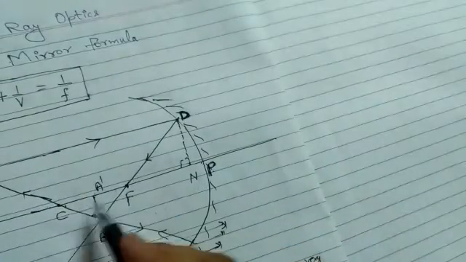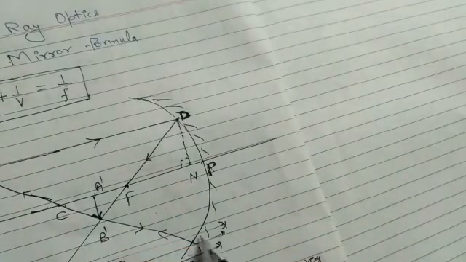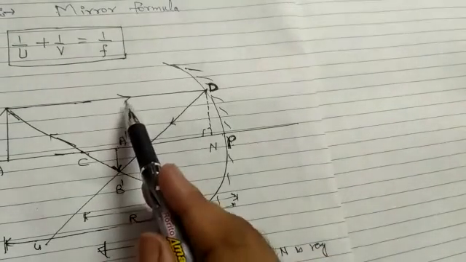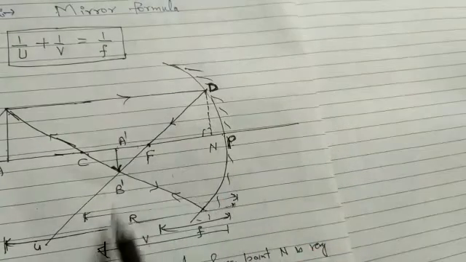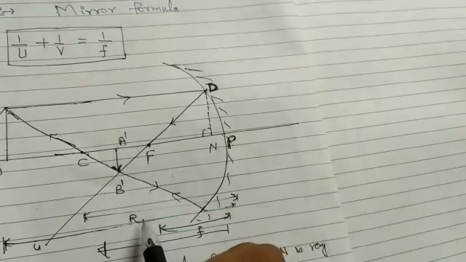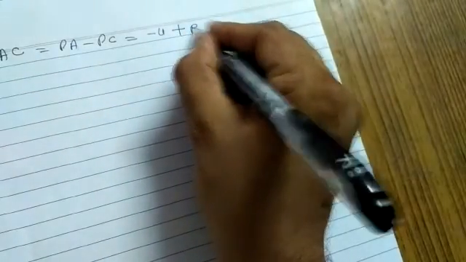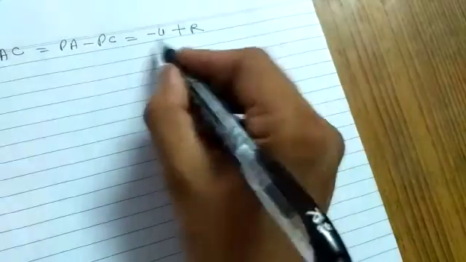From P to C, this is the radius of curvature, again left hand side, opposite to the direction of incident light, taken negative here, so negative becomes plus. So AC now equals minus U plus R.